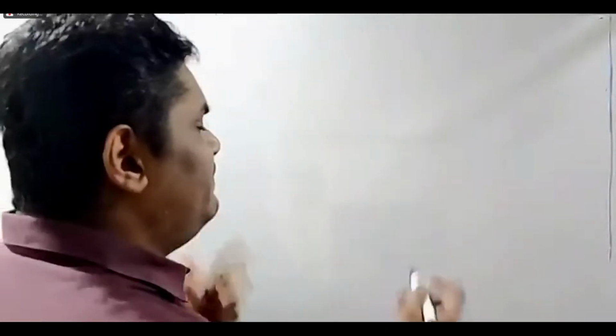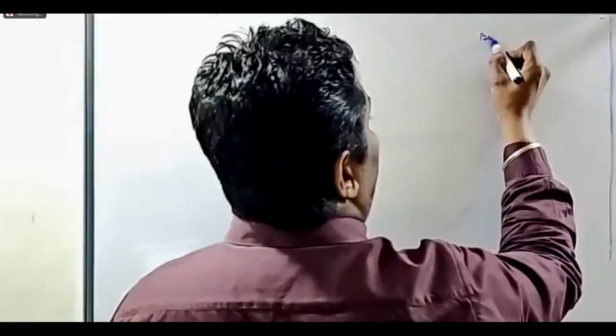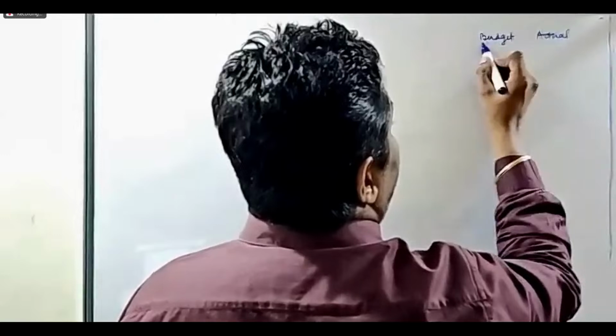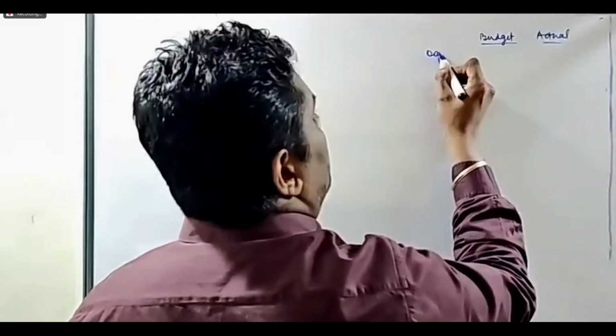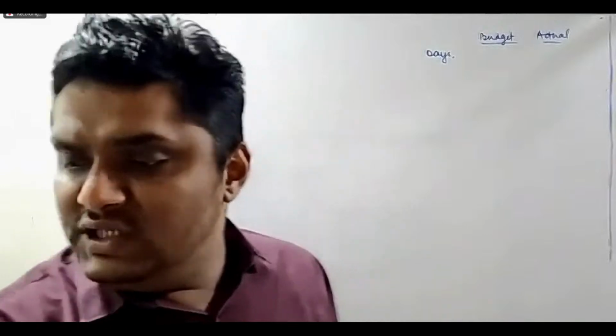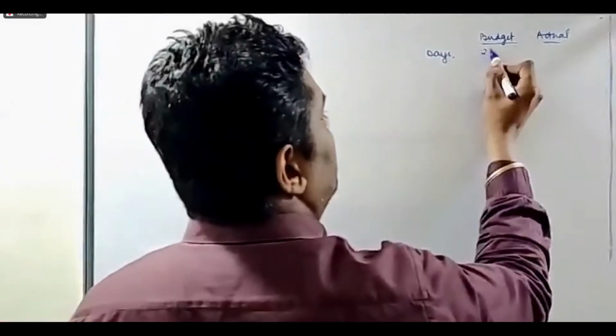As I said, when you find a question on fixed overhead or variable overhead, we have to present it in this way, budget and actual. So here the days are given, that is 25 days in a month.